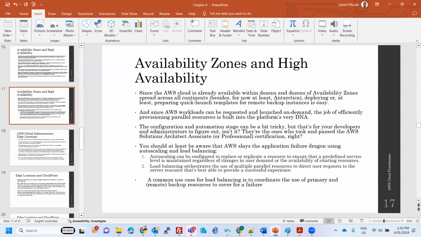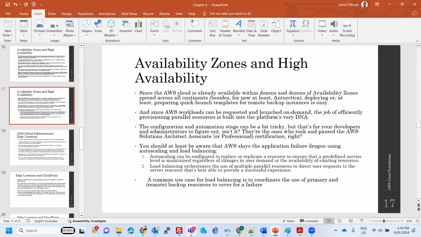Now, since the AWS cloud is available within dozens and dozens of availability zones across continents, deploying, or at least preparing, quick launch templates for remote backup instances is easy. And since AWS workloads can be requested and launched on demand, the job of efficiently provisioning parallel resources is built into the platform's very DNA.